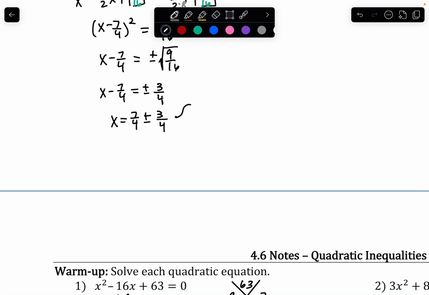And then now we can break it into our cases. 7/4 plus 3/4, or 7/4 minus 3/4. In this case, we get 10/4. In this case, we get 4/4. This simplifies to 5/2. This simplifies to 1.